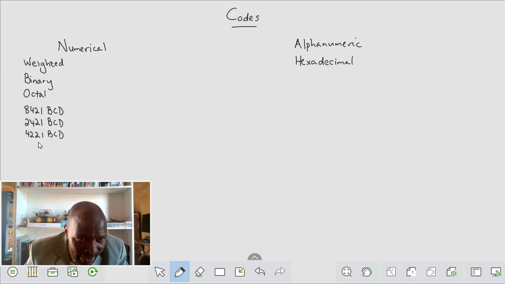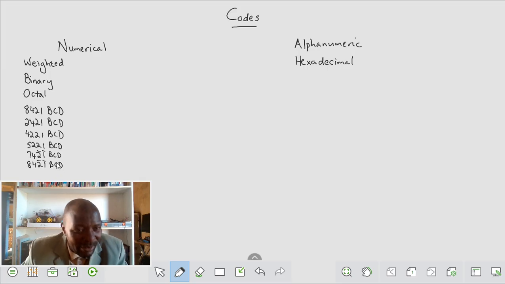There is the 5221. They are all binary coded decimals, these ones here. We've got the 7, 4, bar 2, bar 1 BCD. I'm tired of writing BCD. Then we've got the 8421, and it's also BCD.